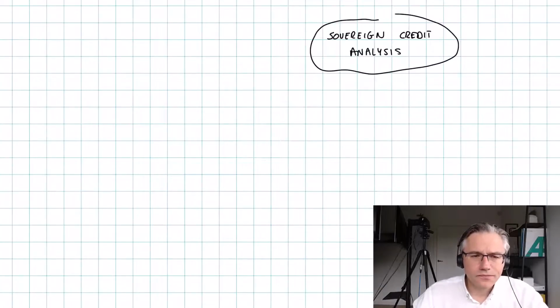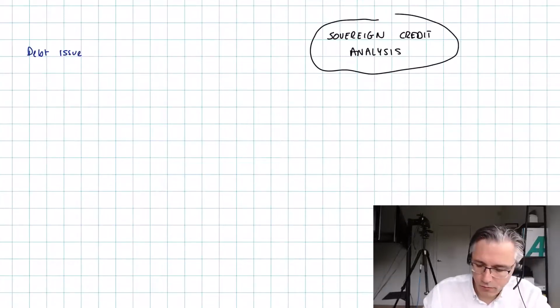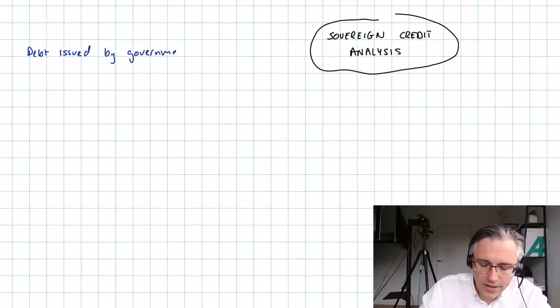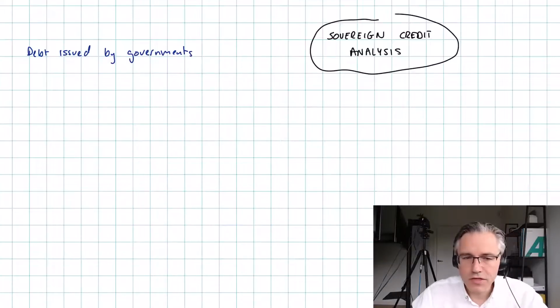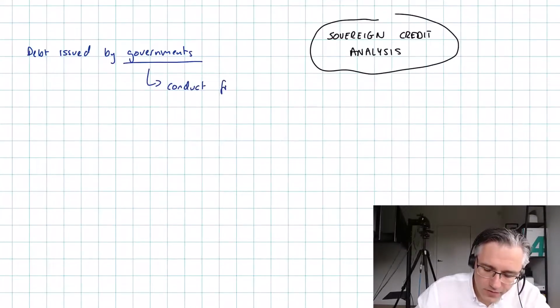Right, so obviously, when it's debt issued by a government, which is what sovereign credit is all about, that brings along its own unique challenges and concepts. Governments, as you will very well know, conduct fiscal policy in a country.